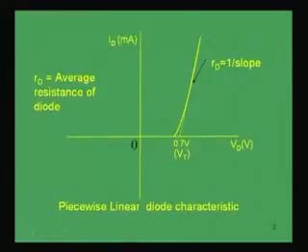If we consider again the characteristic of a diode, in the forward region we see this curve, which is a non-linear curve up to the threshold voltage of 0.7 volt.